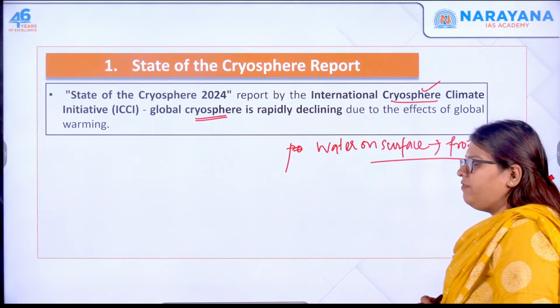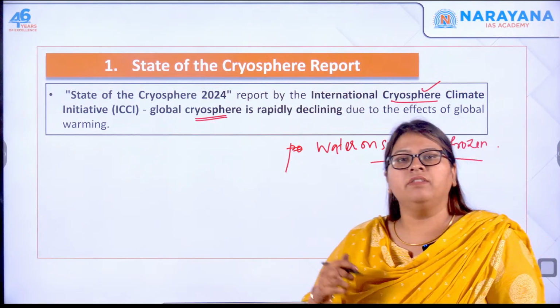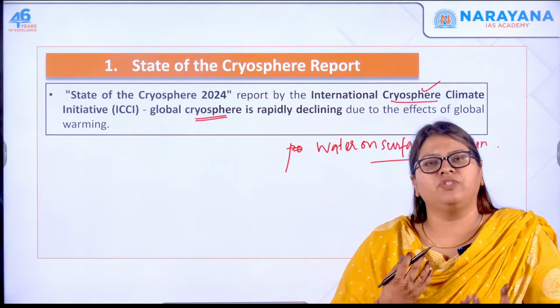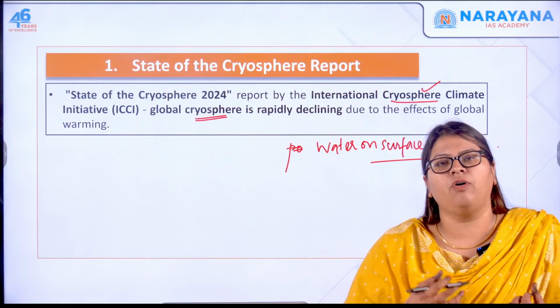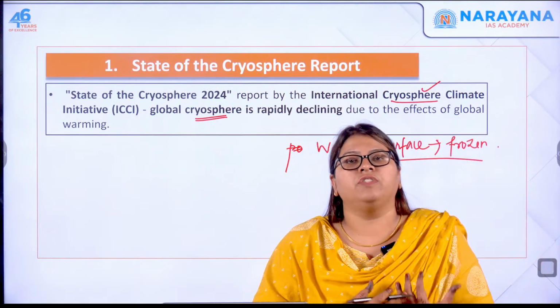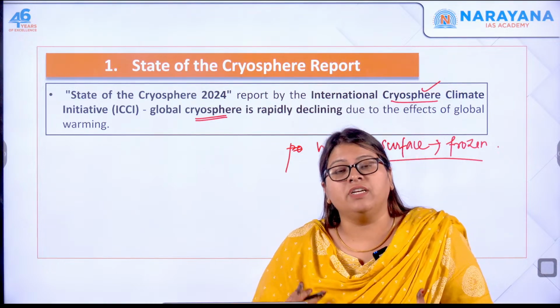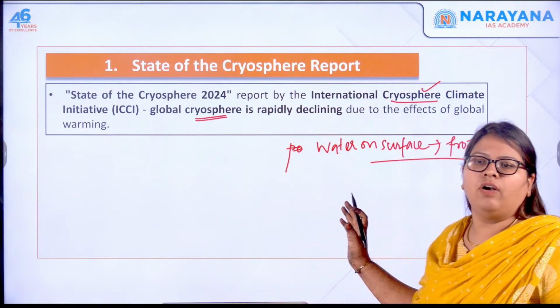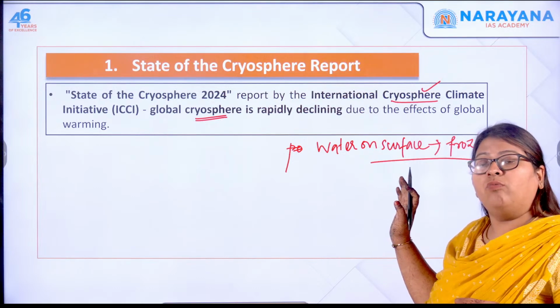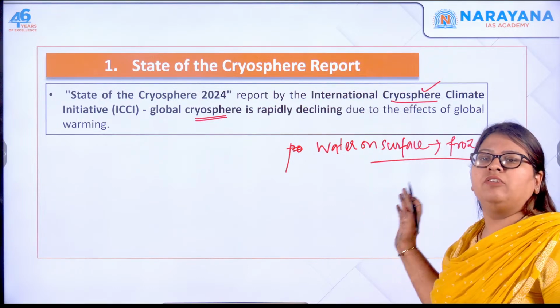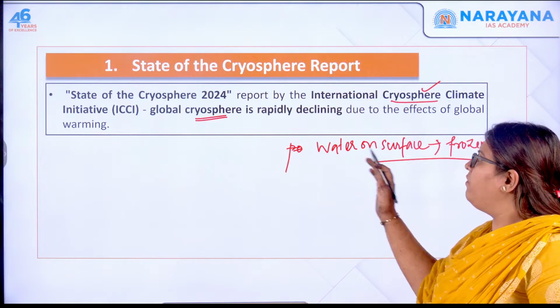So the surface of the Earth, which is covered by frozen water in the form of ice sheets, ice caps, frozen rivers or frozen lakes, glaciers, icebergs, all these are called the cryosphere. Okay, and what is the impact of climate change on this cryosphere is what we will discuss.